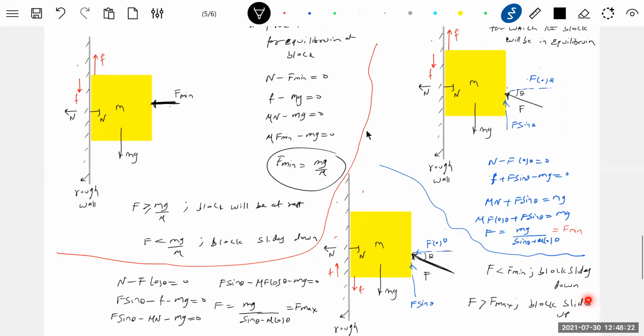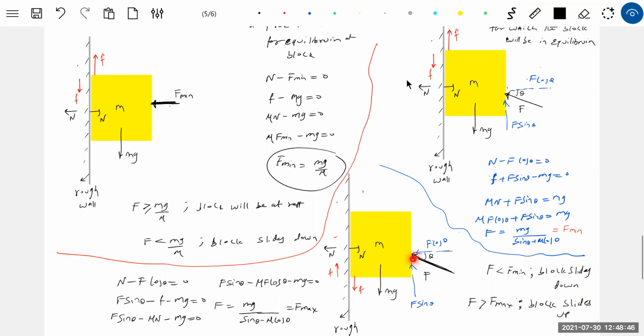This should not come from the teacher, it should come from the student. If the teacher does everything, then what is your role? Okay, if the applied force is less than F minimum, the block slides down. If the applied force is greater than F max, the block will slide up. Then for any force between this range, the block will be in equilibrium.